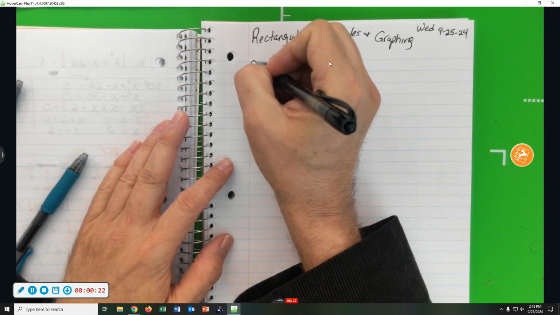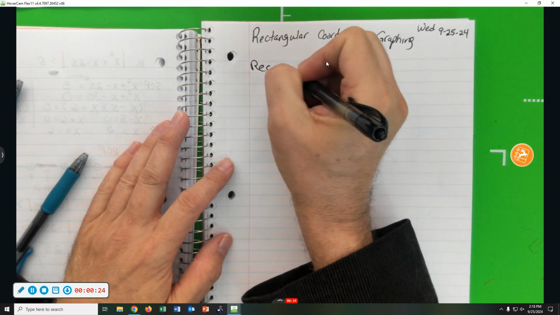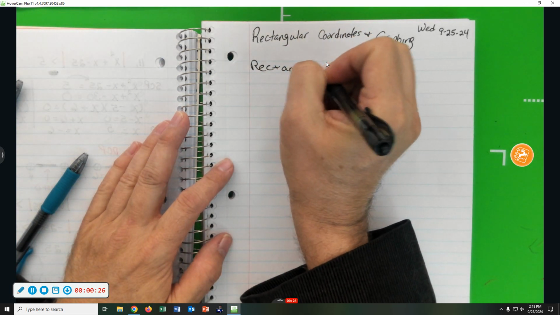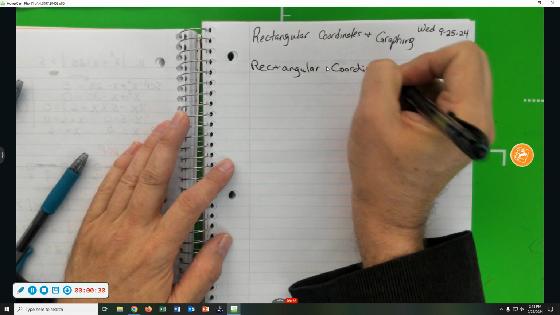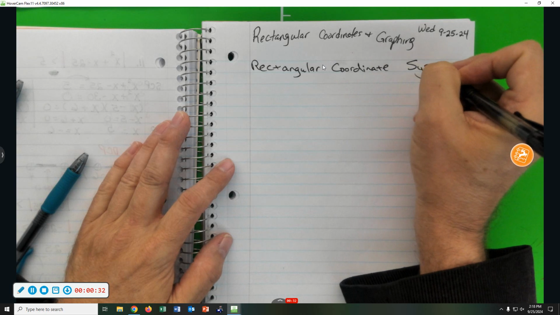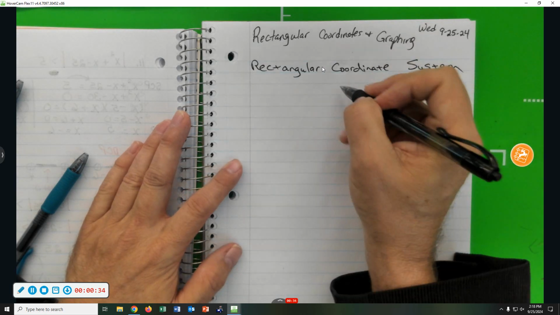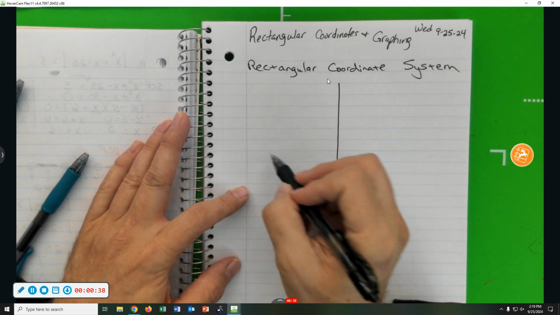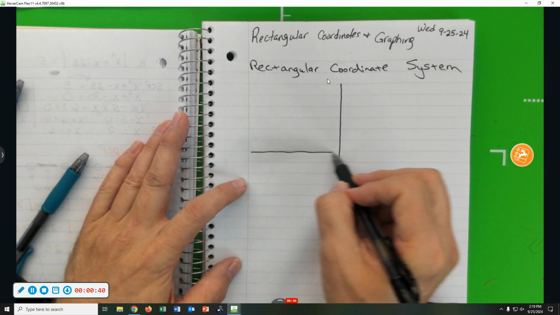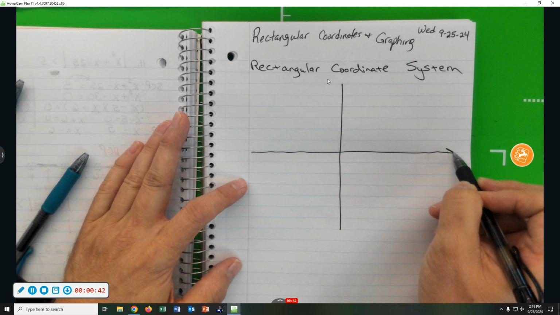A rectangular coordinate system is what most people think of as graph paper. An XY grid, I hear people call it that. There's a vertical number line and a horizontal number line.